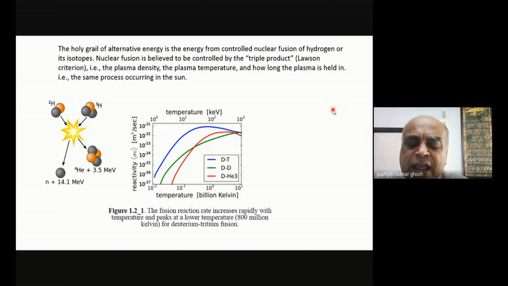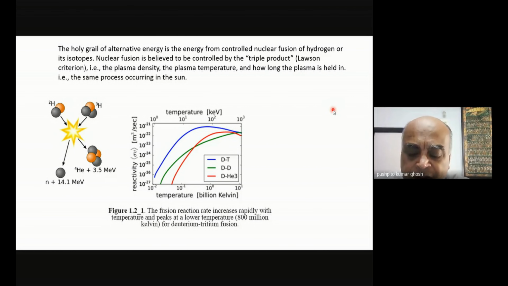So the way you have to hold a plasma is through what is known as magnetic confinement. There are magnets placed around the reactor, and what the magnet does is repel the plasma, so it will never come close to any material. The plasma will just be as if it is being held in the air, but it's not air, because no material can hold it. So that is known as magnetic confinement.